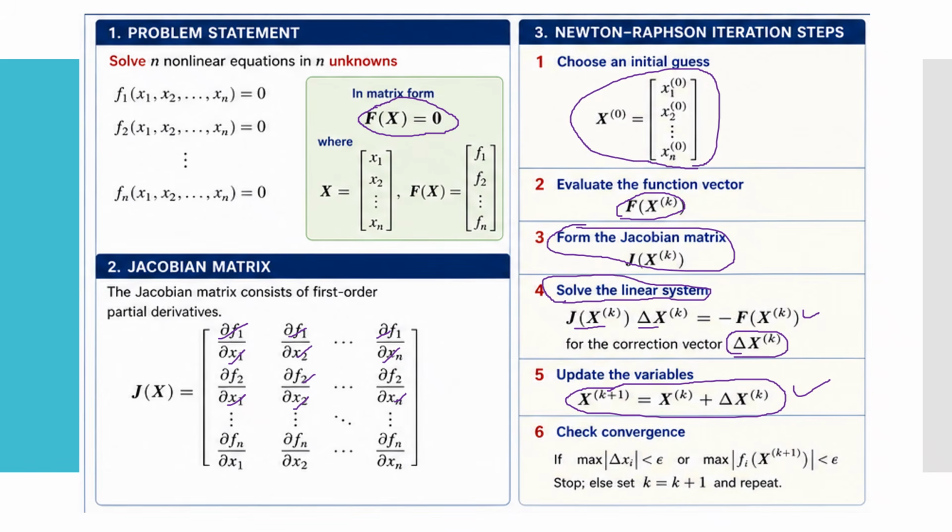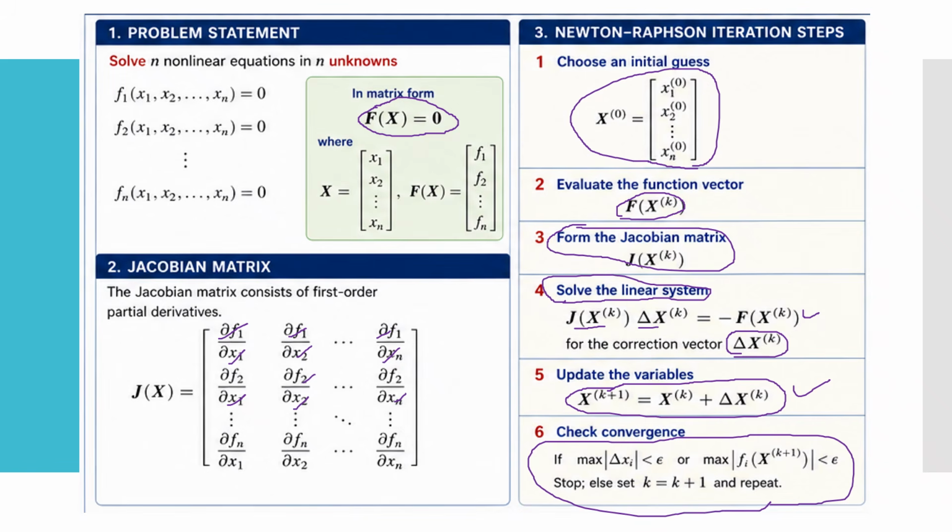Again, we'll check the maximum error at that iteration, and we'll repeat the same procedure if the error is higher than the pre-specified tolerable value. When we repeat, we have already formed the Jacobian matrix in terms of the variables. Then in place of the initial guess, we use the newly updated values of the variables. Then we evaluate the magnitude of the function at the new updated value.